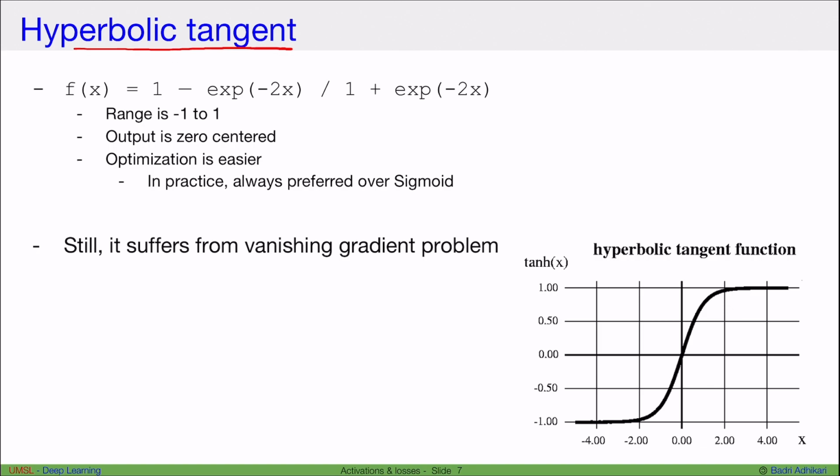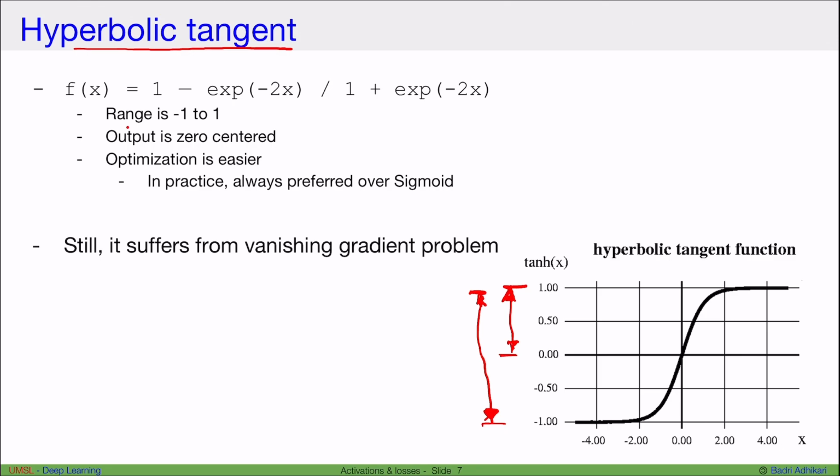The difference between sigmoid and hyperbolic tangent is that sigmoid ranges from 0 to 1. This is your output range of sigmoid, whereas the hyperbolic tangent function ranges from -1 to +1, effectively solving the problem of non-zero-centeredness in the sigmoid.